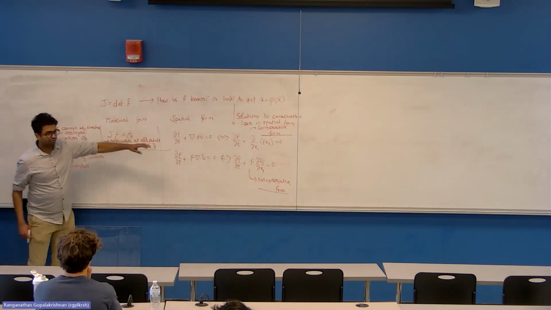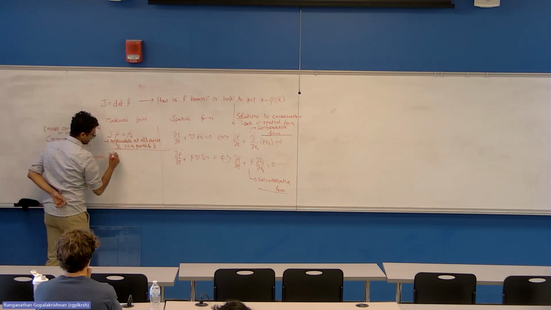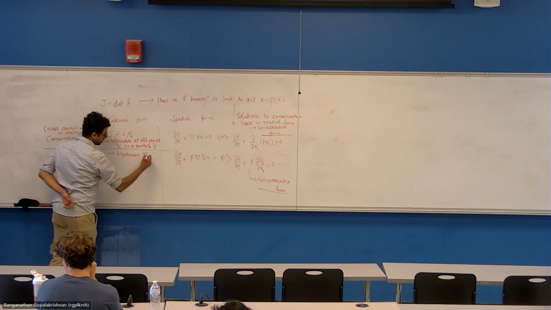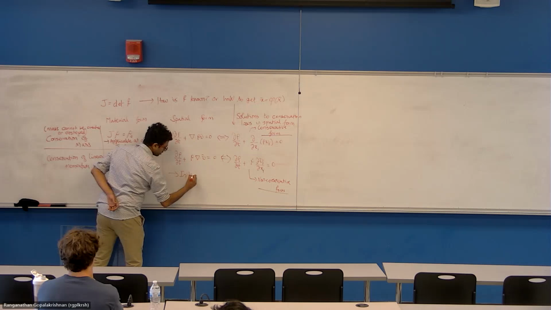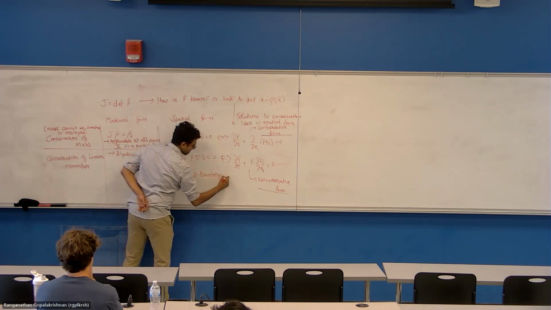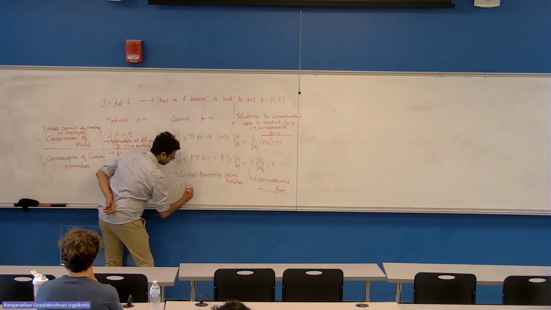This is a fundamental difference that I told you last time. This is an algebraic equation, whereas this is an initial boundary value problem, which is governed by a partial differential equation.